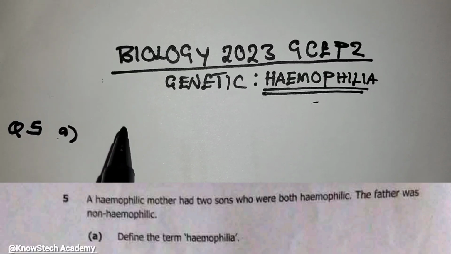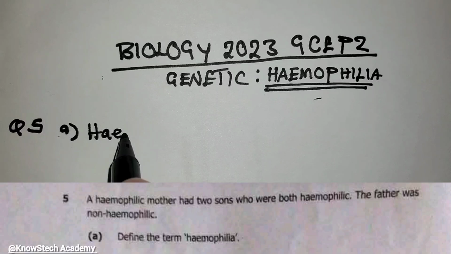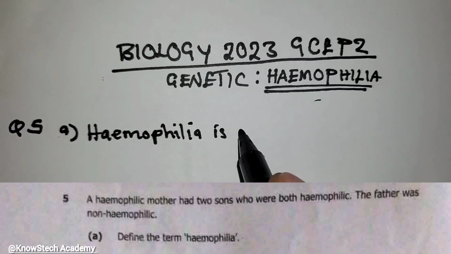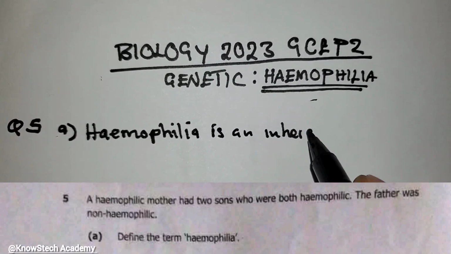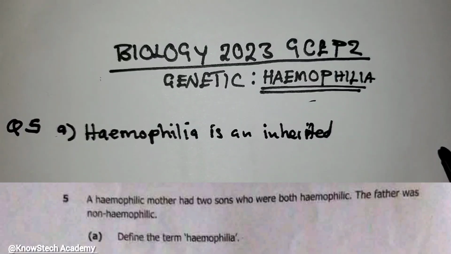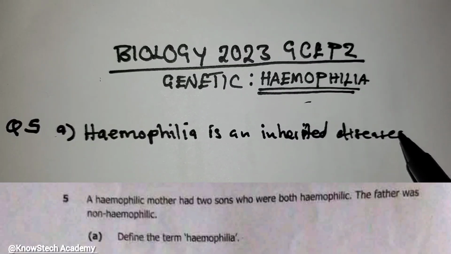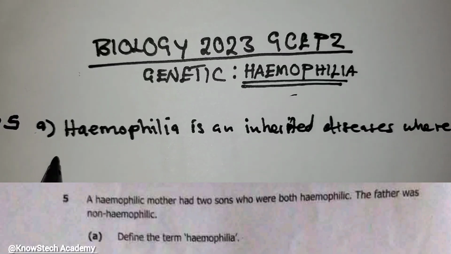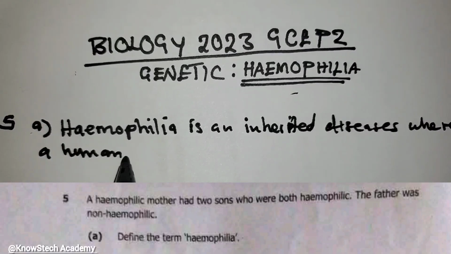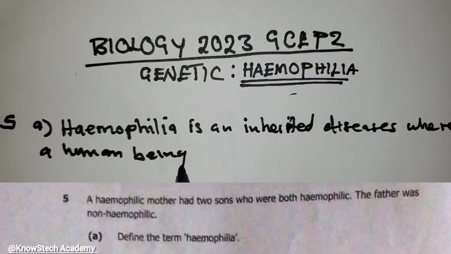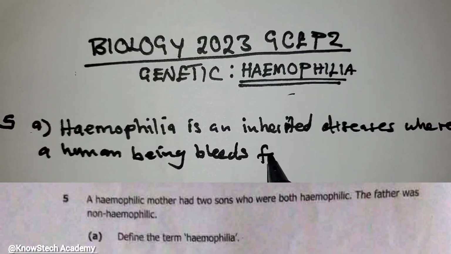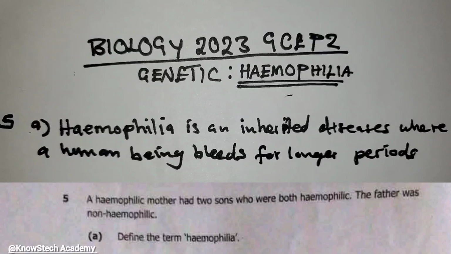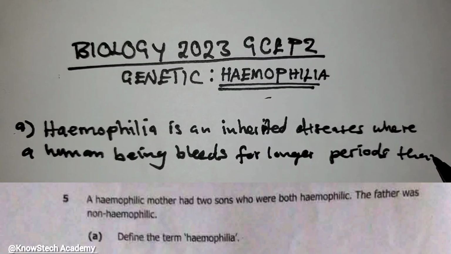Define the term hemophilia. So you can say hemophilia is an inherited disease where a human being bleeds for longer periods than normal.